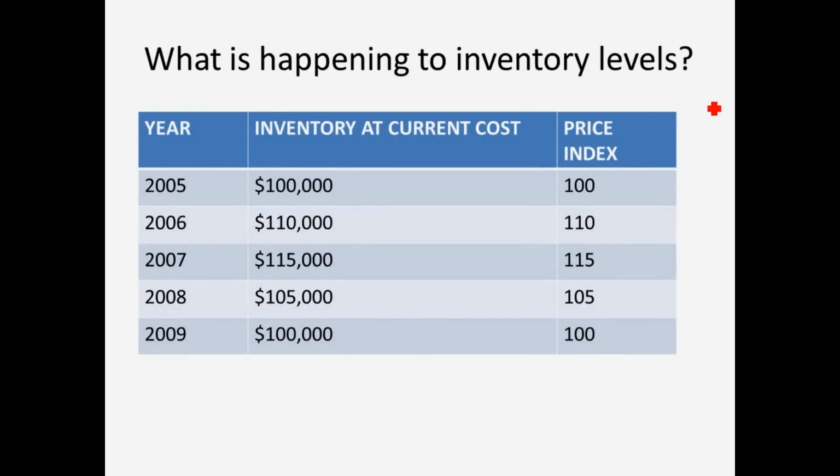Okay, so let's say I start my company in 2005, and I have inventory at the end of 2005 that is worth, not worth in the sales sense, but if I had to buy this inventory right now, it would cost me $100,000.